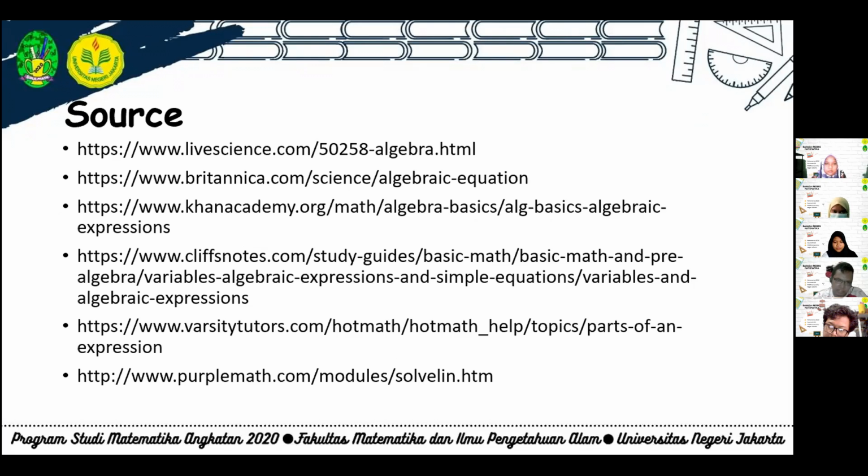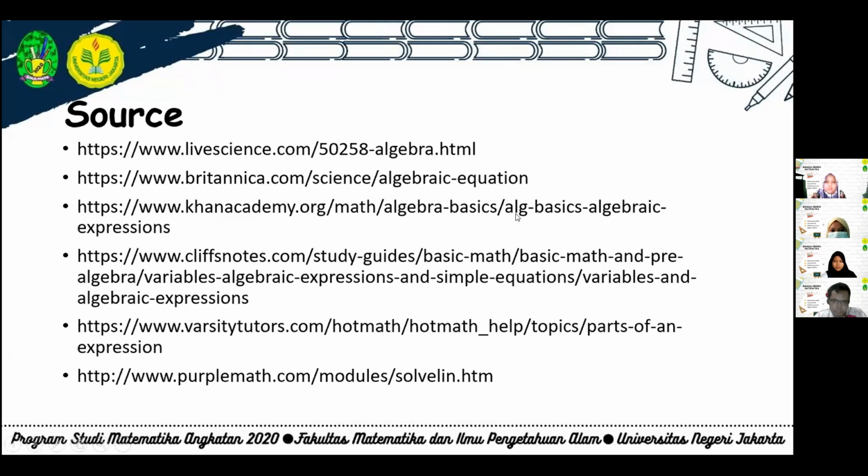You must find where the equation is false. Find the step where it is false and explain why. You can open the photo in the Zoom chat. Yes, Fahri. Okay, thank you.